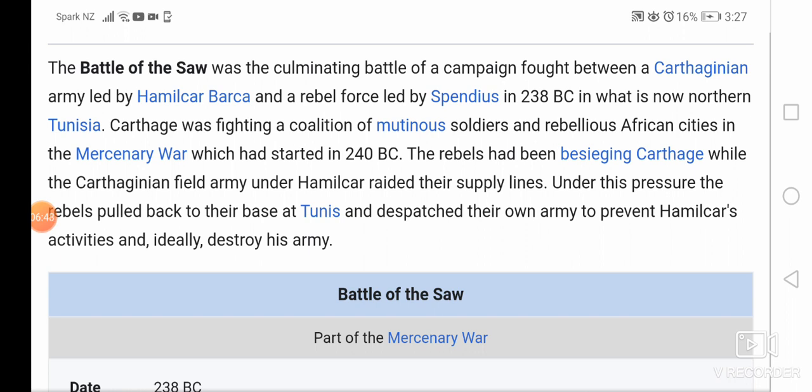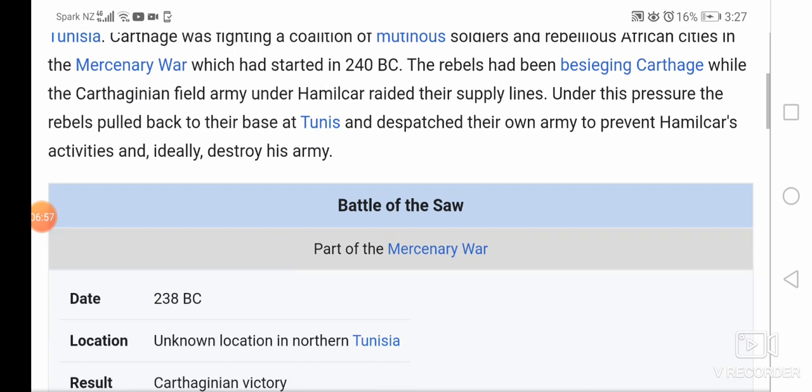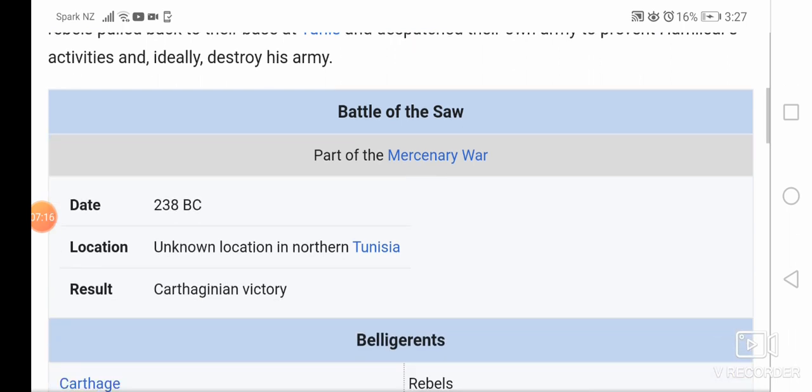Carthage was fighting a coalition of mutinous soldiers in rebellious African cities in the Mercenary War, which had started in 240 BC. The rebels had been besieging Carthage while the Carthaginian field army under Hamilcar raided their supply lines. Under this pressure, the rebels pulled back to their base at Tunis and dispatched their own army to prevent Hamilcar's activities and ideally destroy his army.